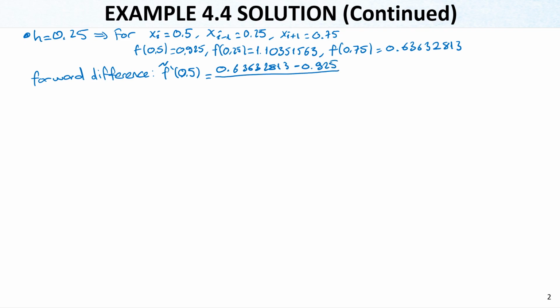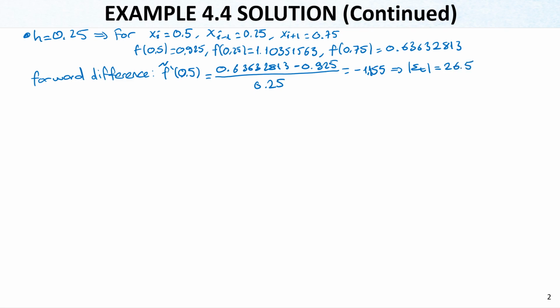This is important. This is the step size here. Now it is 0.25, and the result is minus 1.155, and the relative error, I'm not going to write the details, just the result, is 26.5.